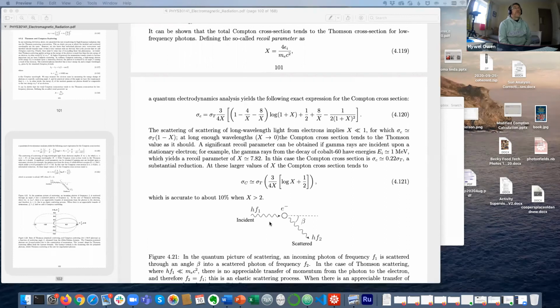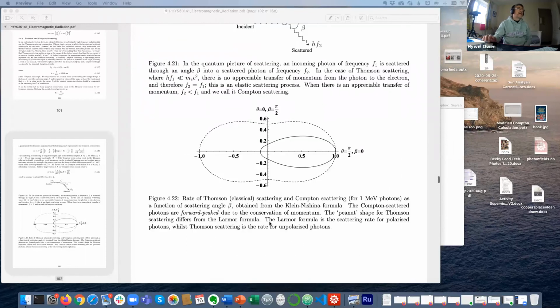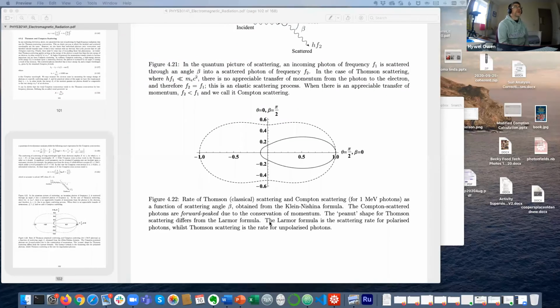Now, we would also expect that the rate of photon production should also vary as a function of angle. So in Thompson scattering, let's show that graph. That's what figure 4.22 is showing. You can see here that the dotted line is the rate of Thompson scattering as a function of scattered angle.